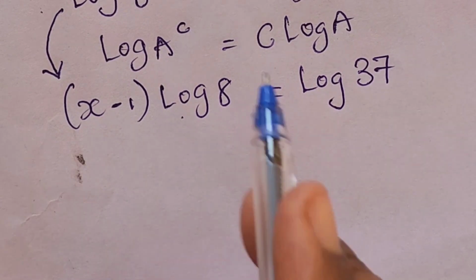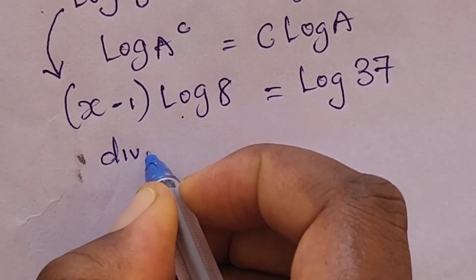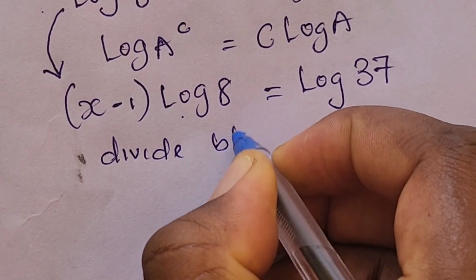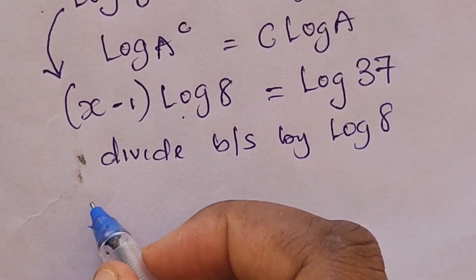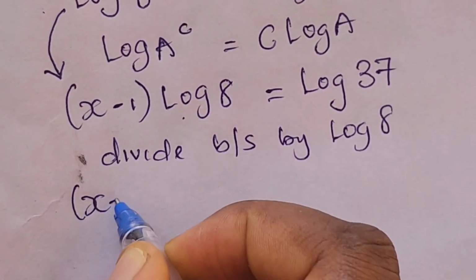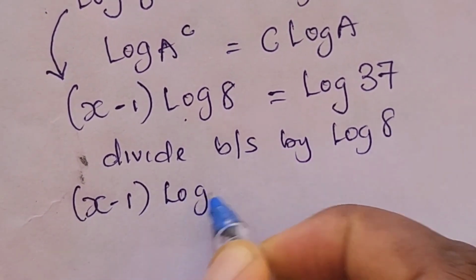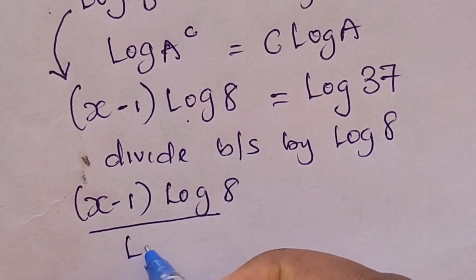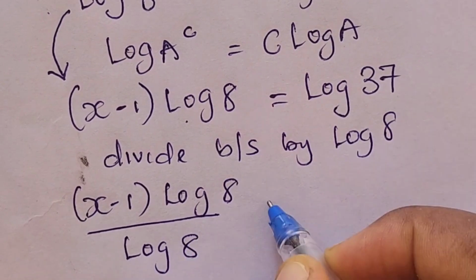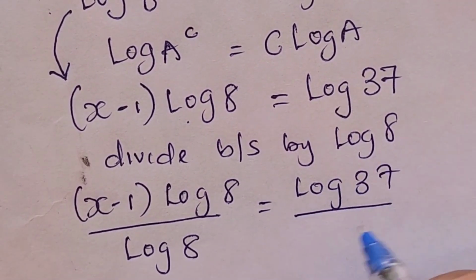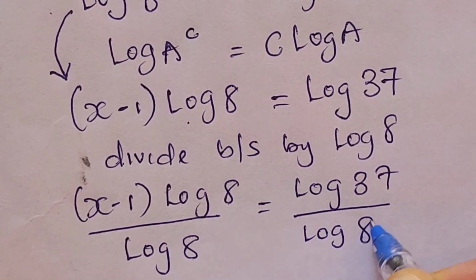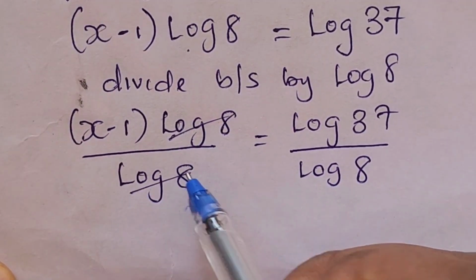Since we have log of 8 here, let's divide both sides by log of 8. We have x minus 1 times log of 8 all over log of 8 is equal to log of 37 divided by log of 8. So this will cancel out this.